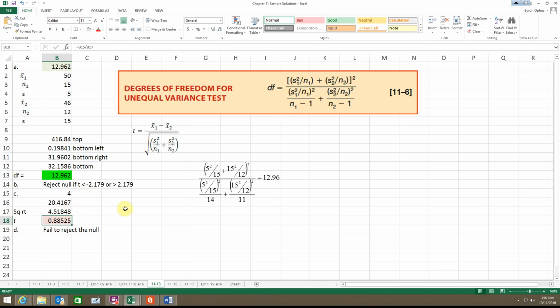It's not greater than, and it's not less than minus 2.179. So I'm going to fail to reject the null. I will reject the alternate, but I will fail to reject the null hypothesis. Was I supposed to state the hypothesis? Nope, it doesn't tell me to state the hypothesis. So I would just fail to reject the null hypothesis in that case.